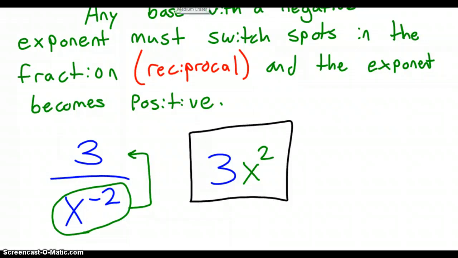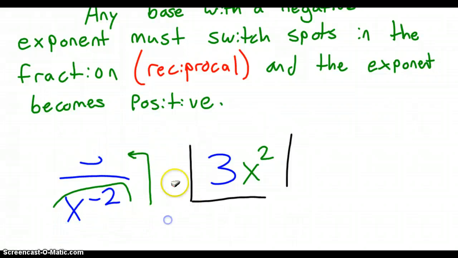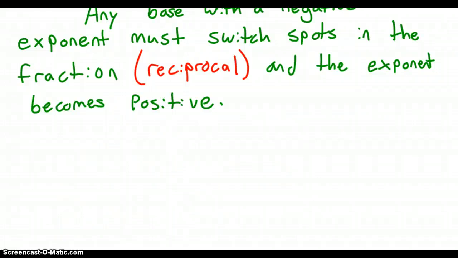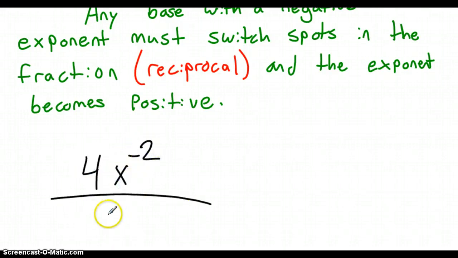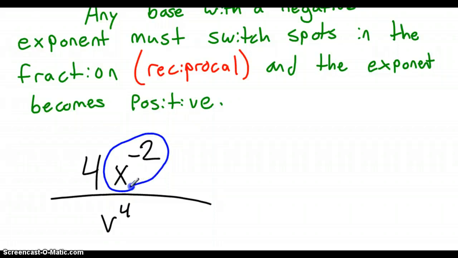And I'll show us another example of this as well. Okay? So say we have something like this. Say we have a 4x to the negative 2, and down on the bottom we just have v to the 4th power. So I'm going to look for negative exponents. The only negative exponent I see is with this x.